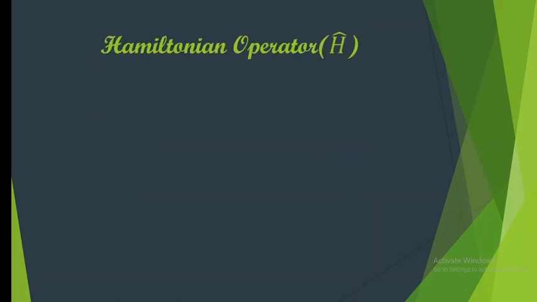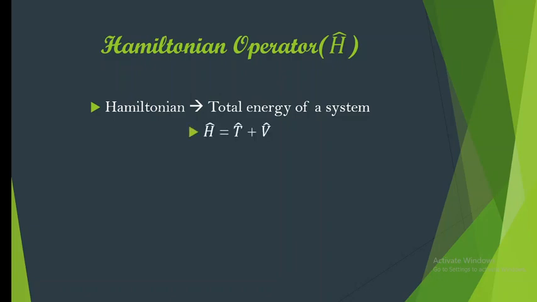Then moving to the Hamiltonian operator. We know Hamiltonian is nothing but the total energy of a system. It gives the total energy of a system. And energy generally has two forms: one is potential energy and another is kinetic energy. So we can write the Hamiltonian operator as the sum of the kinetic energy operator and the potential energy operator.